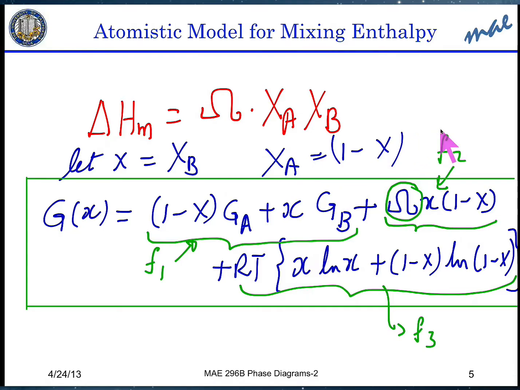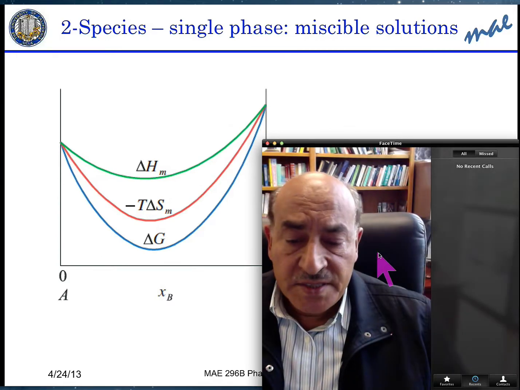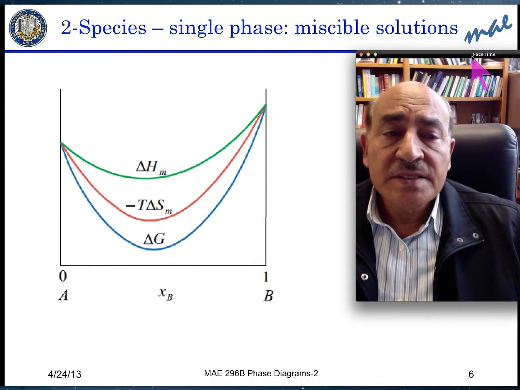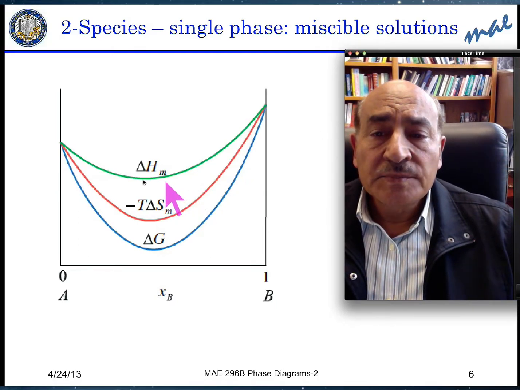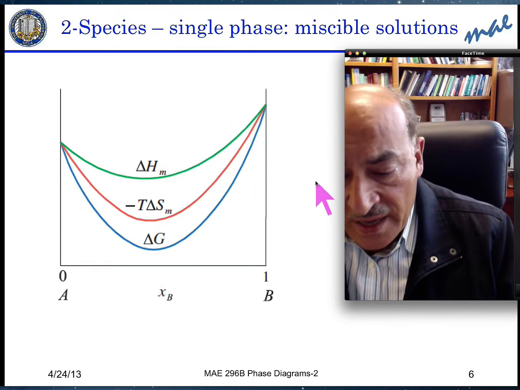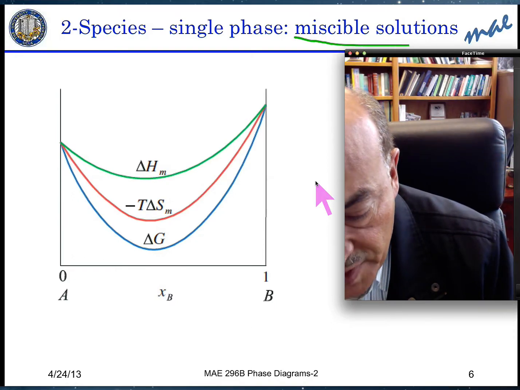So from now on, we will have to consider cases that relate to the sign of omega in this F2. So let's consider now that we have two species in a single phase. I have here your delta H mixing. I'm going to emphasize that this is called the miscible solution.